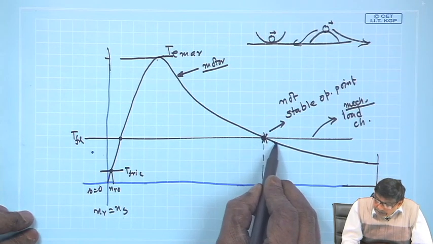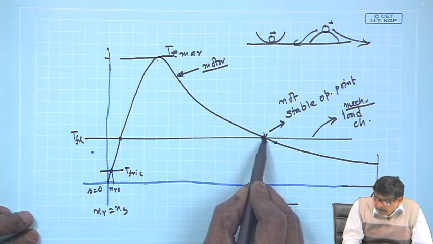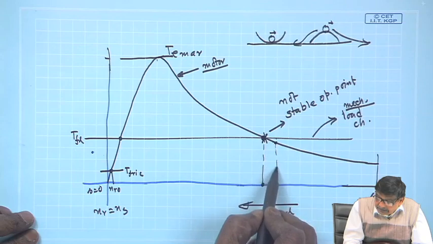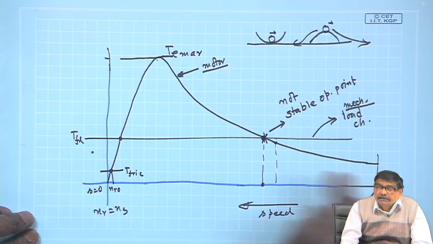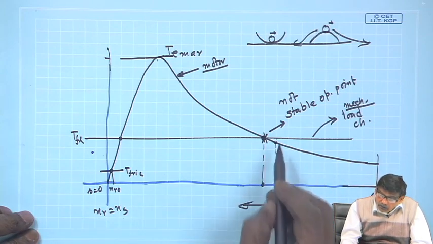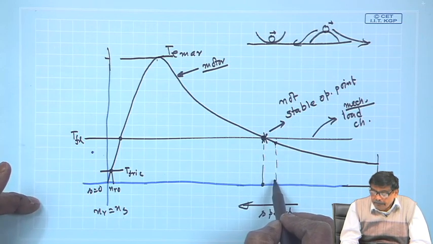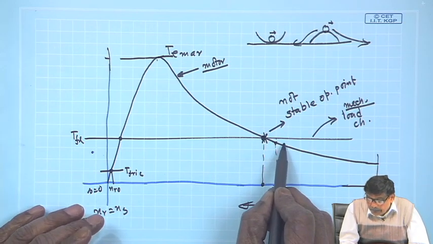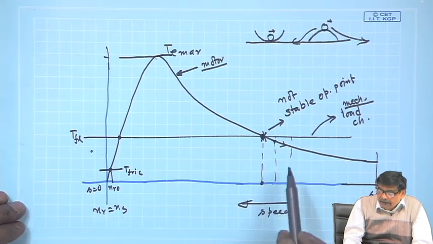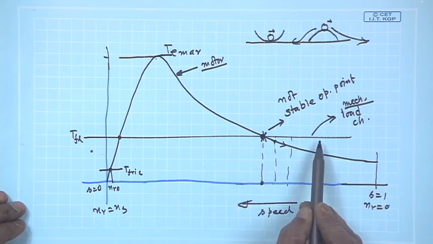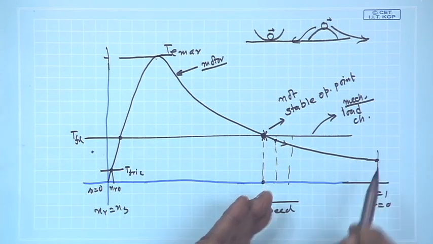If speed comes here and the operating point then should be like this, if there is a slight disturbance in speed in this direction, delta n r, then you see the full load opposing torque is greater than the electromagnetic torque. It will further decelerate, the operating point will move like there, and there is no point where electromagnetic torque can match this full load torque present, and the machine will come down here.